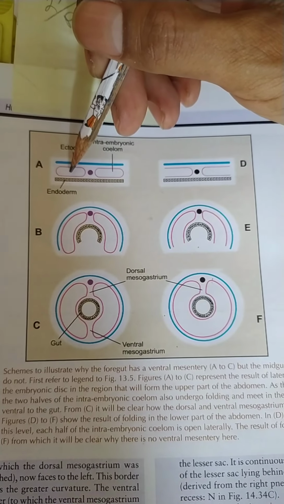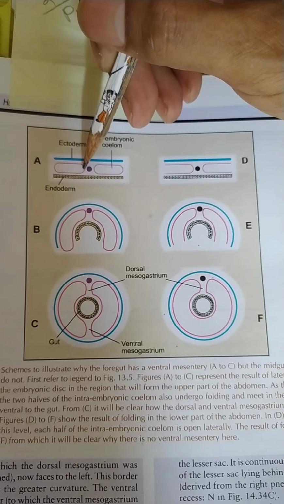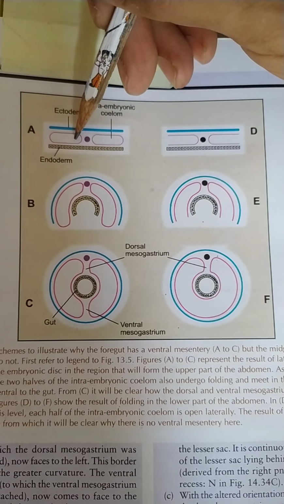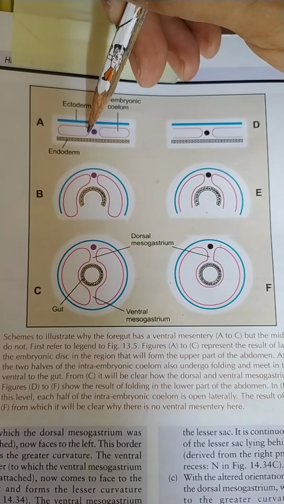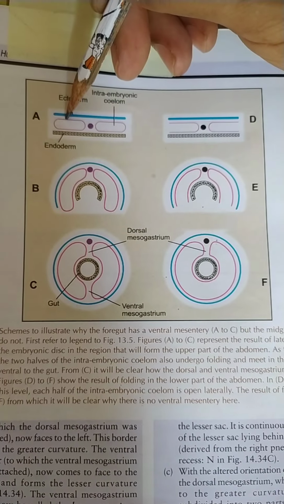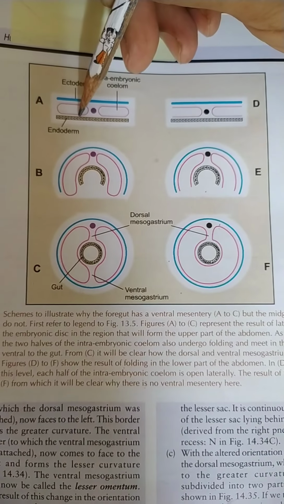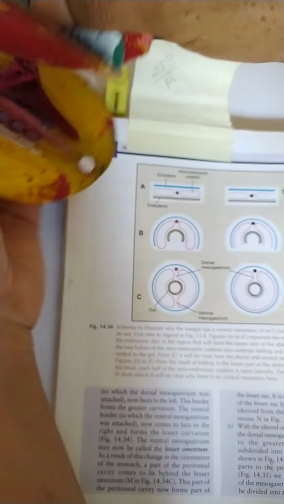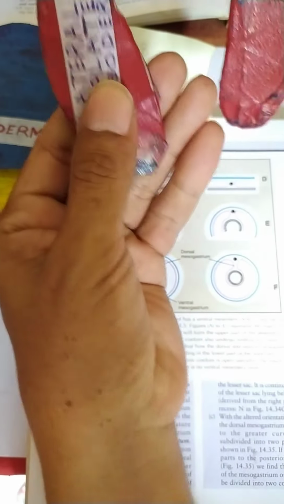This intraembryonic body cavity is closed medially and laterally. This is the medial boundary of this intraembryonic coelom. The medial boundary is the continuation of the somatopleuric and splanchnopleuric intraembryonic mesoderm, which is the lateral plate mesoderm.